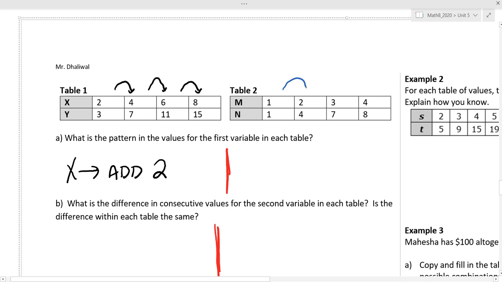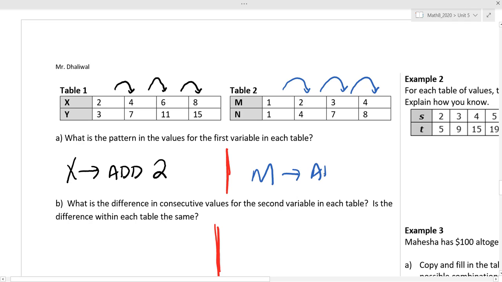How about table 2? What's happening with m? What do you think, Mohammed? How's m changing? Add 1. M add 1. Okay.